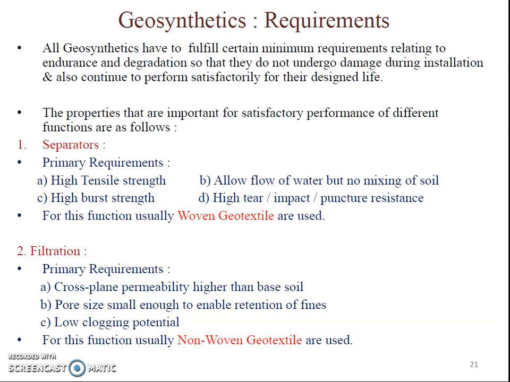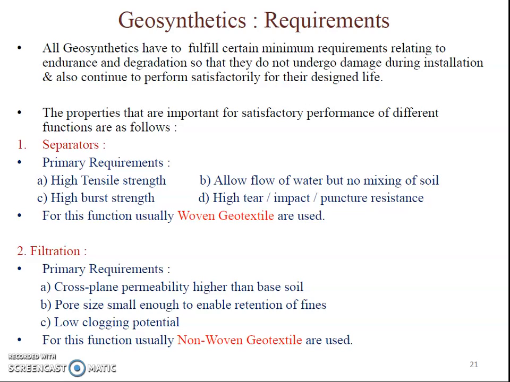The very first function is the separator. When geosynthetics are used as a separator, the requirements are different from those for filters and others. If we use geosynthetics as a separator, the primary requirement is that it should have very high tensile strength.